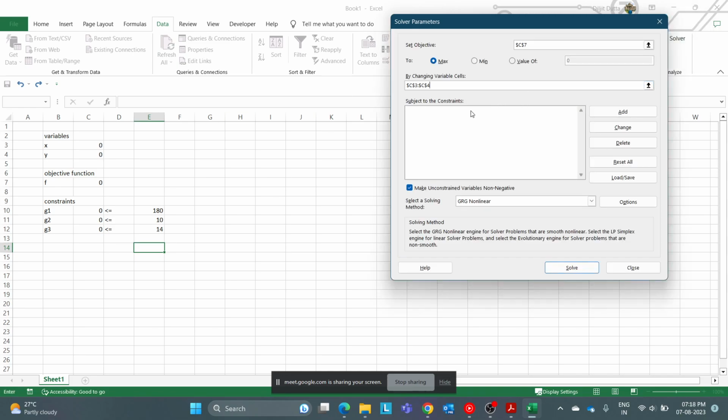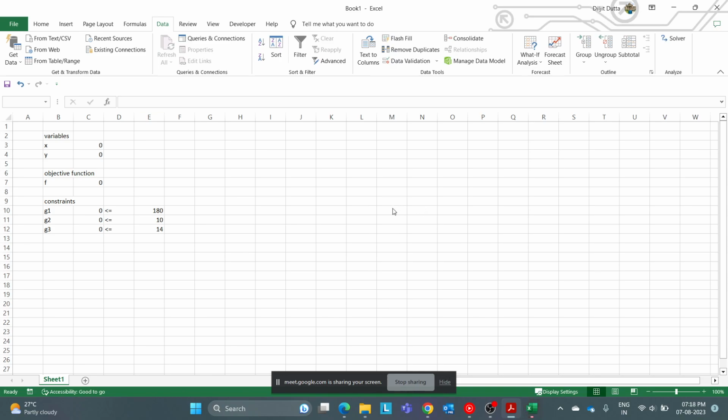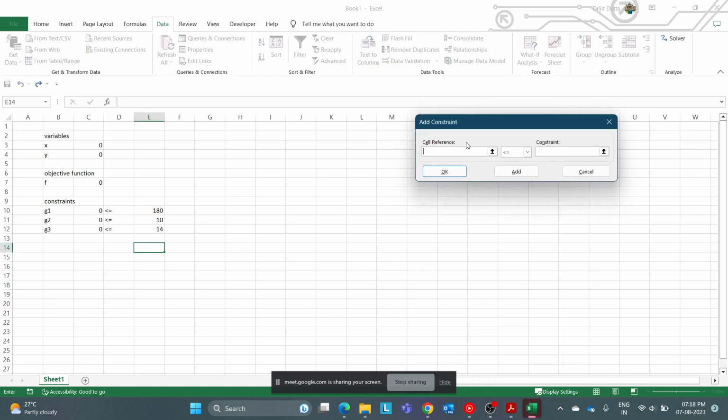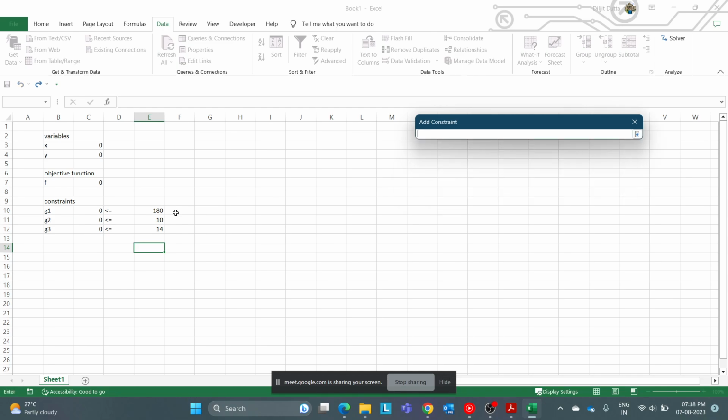Okay, now subject to the constraints. We will be adding them one by one. We will go to add the cell reference. The cell reference is the left hand side, so for the G1 constraint, the left hand side is less than or equal to this 180.